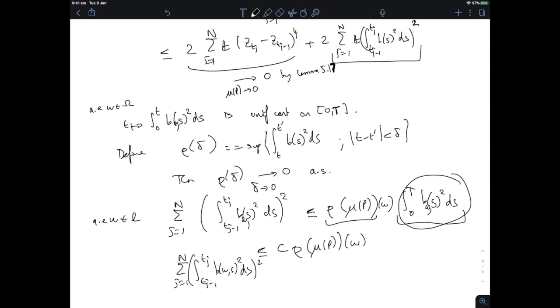So the entire sum of this squared is going to 0 as mu p goes to 0 almost surely.